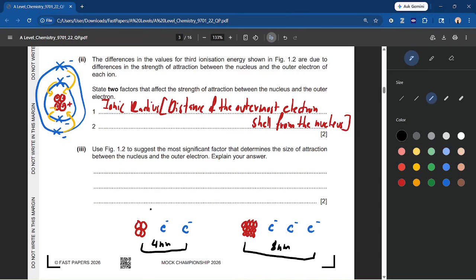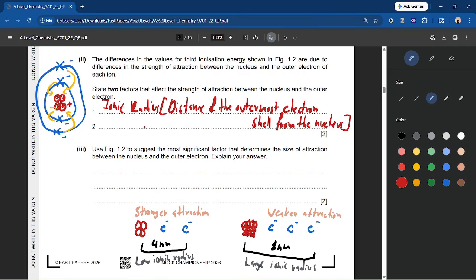So this one over here has a stronger attraction, and this one has a weaker attraction. But attraction aside, the ionic radius is low here, so this will be a low ionic radius, and this will be a large ionic radius. So hopefully you are clear on what ionic radius is.